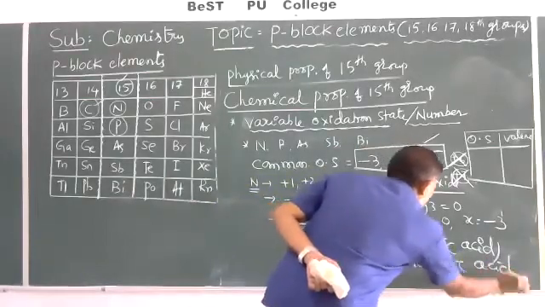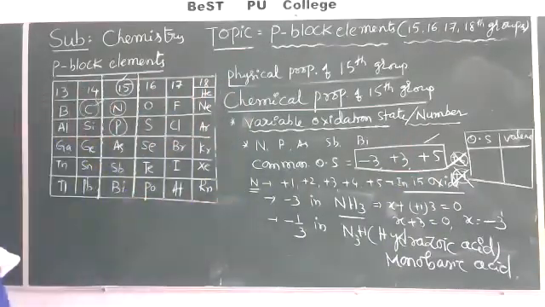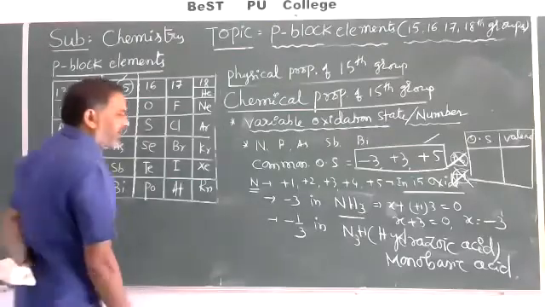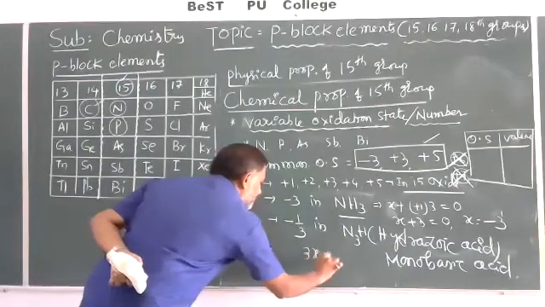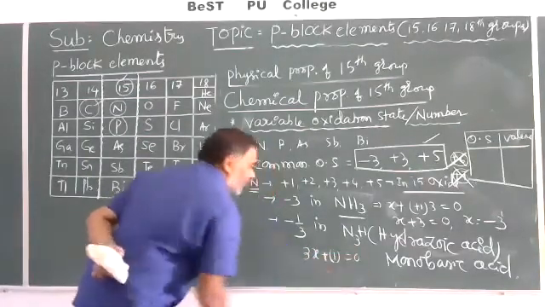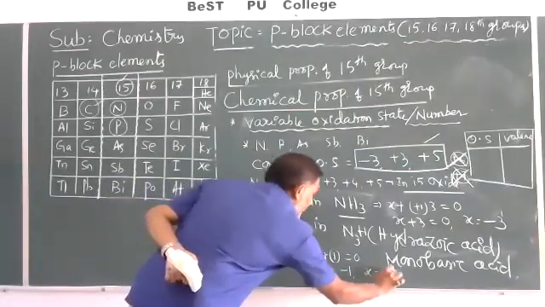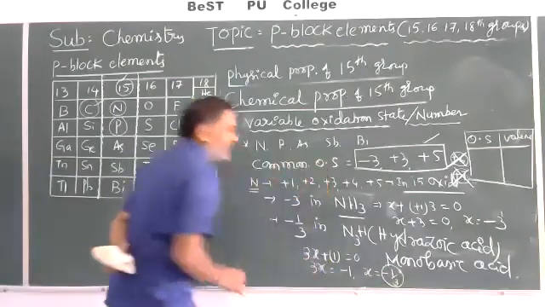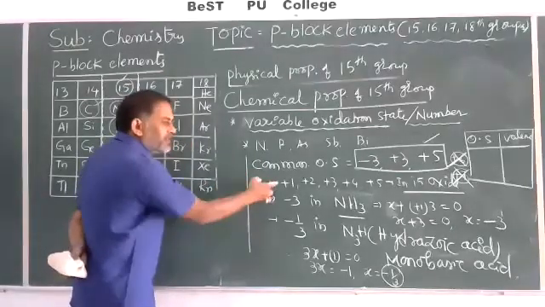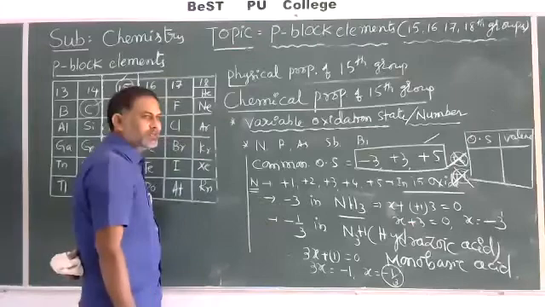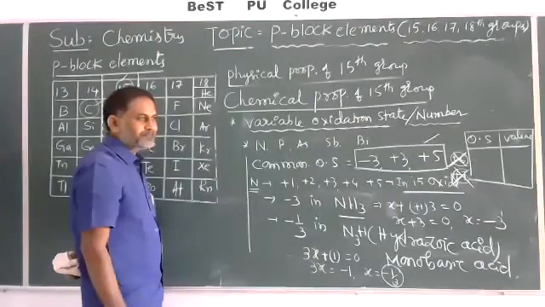In this monobasic acid, hydrazoic acid, taking nitrogen as x, 3 into x plus 1 for hydrogen equals 0. So 3x equals -1, x equals -1/3 oxidation state. That's why nitrogen shows +1 to +5, -3, and also -1/3.